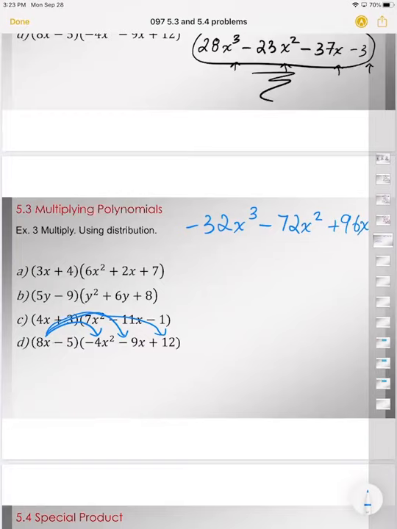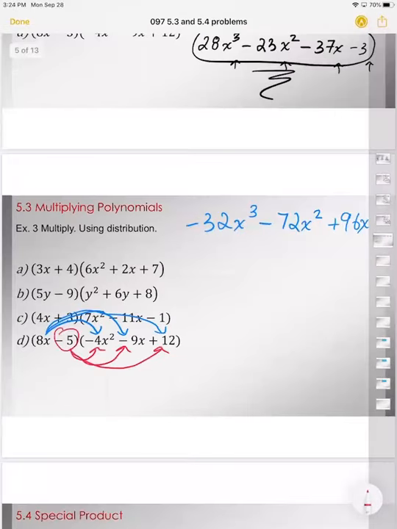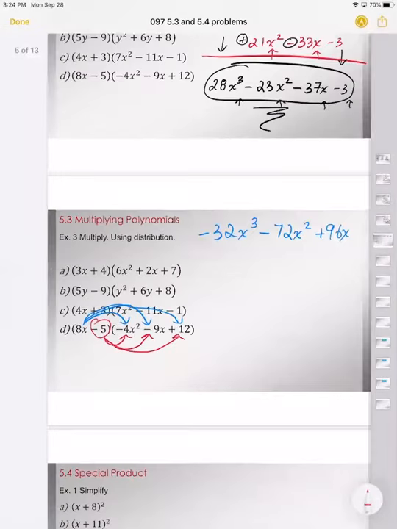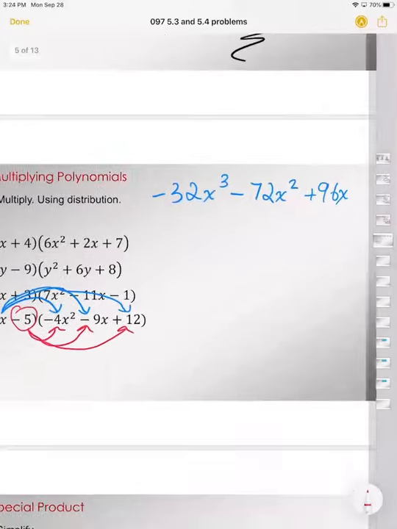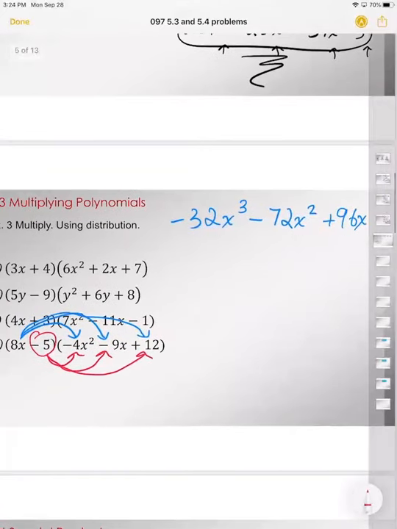And now what do I have? I have to do the same for my negative 5. I need to take a negative 5 and distribute it to every single item. And this will be my result. I ran out of room, I wrote too big. Negative times a negative will give me a positive 20x to the second.